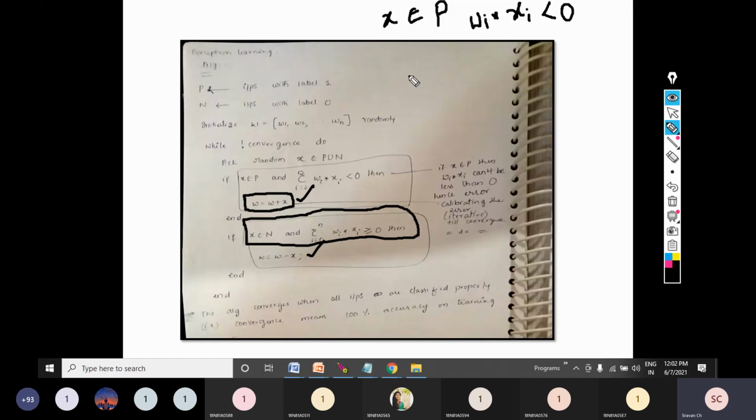We will reach a point where these conditions will never become true. If x is a positive example, then obviously this product will be greater than 0, so both conditions will not be true. Only if the condition is true do I update my weights. So this loop will run, and it will reach a point where I will never update the weights.